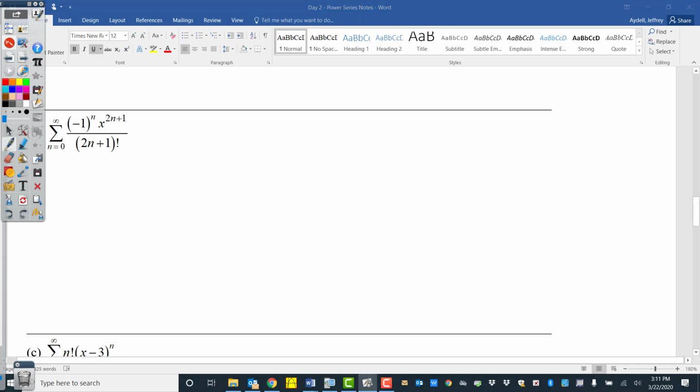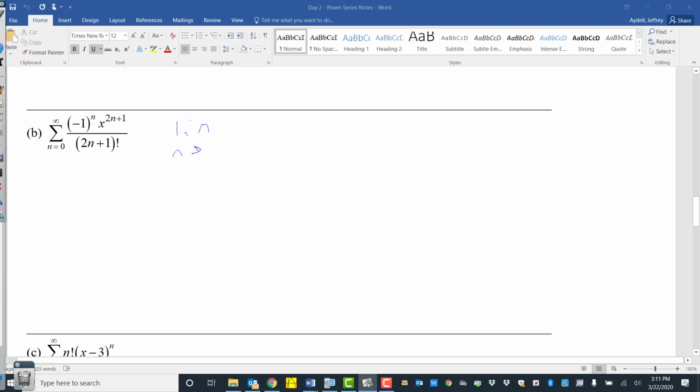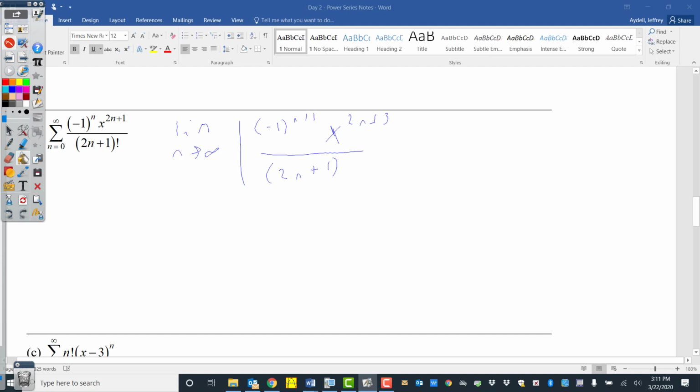I'm going to go ahead and get some stuff written here, and I'm going to jump some steps just because it's hard to write. So I'm going to start by taking the limit as n approaches infinity, the absolute value of -1 to the n plus 1 times x to the 2n plus 3 over 2n plus 3 factorial.